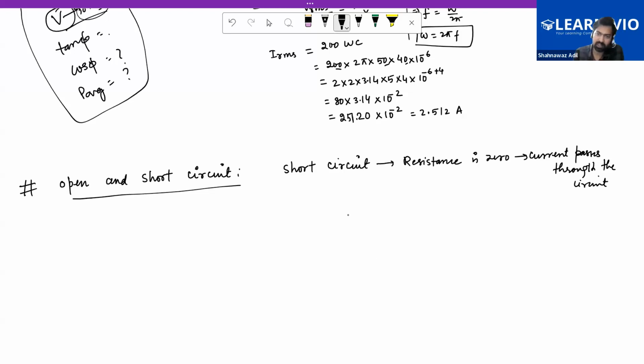So something like this one. This is the short circuit. There is no resistance and the current is passing through.